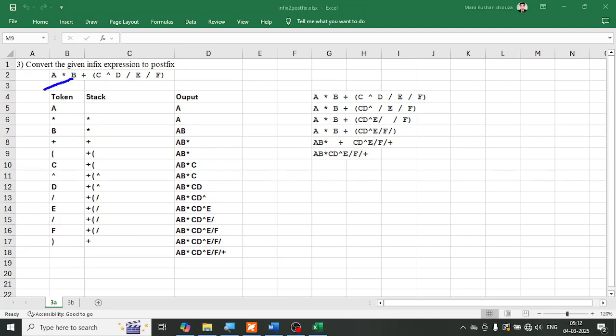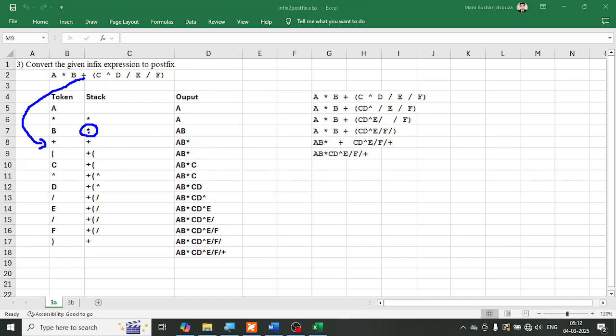Next, you take the operand B. Because it's an operand, you don't touch the stack. You just output the operand as it is. So you get AB. Next, you are going to take the plus. When you get the plus, you notice that there is already star in the stack.